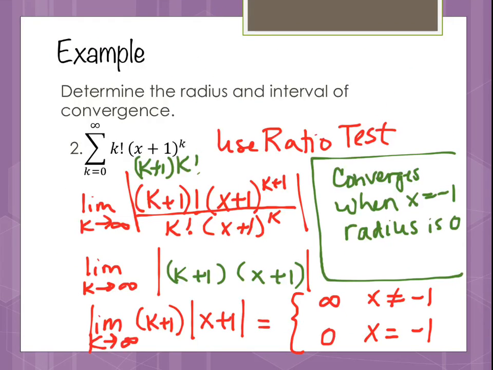But if you take a look at this sequence right here, k factorial times x plus 1 to the k, if the k plus 1 factorial had been in the denominator, then this k plus 1 would have been underneath this, right? I'd have still had all the k plus 1 reducing and everything. I just would have had the k plus 1 in the denominator instead of up in the numerator.